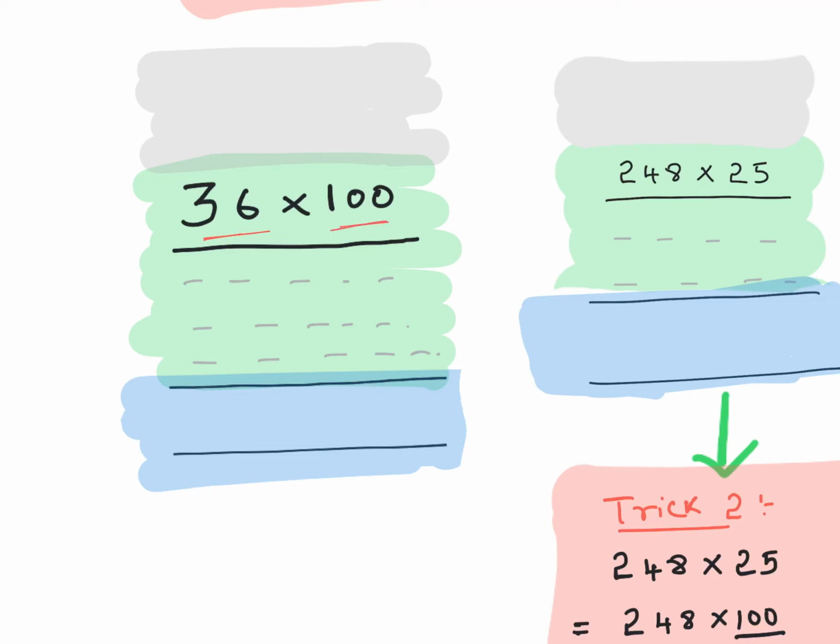The next one is 36 times 100. So first we need to multiply with 0, so 0 into anything is 0, right? So 0 6s are 0 and 0 3s are 0, and leave one gap. Then with the second 0, 0 6s are 0 and 0 3s are 0. Then moving to this one, you need to leave one more space, and 1 6 is 6 and 1 3 is 3.